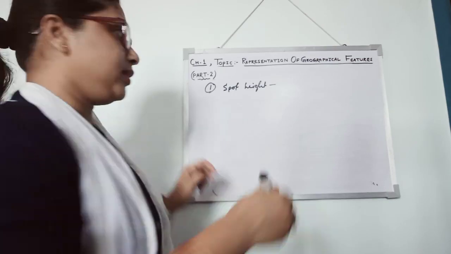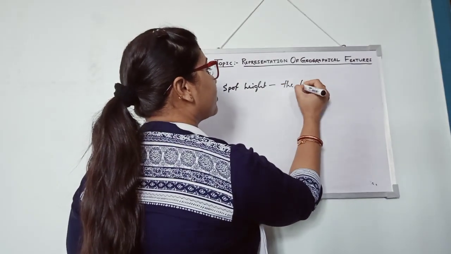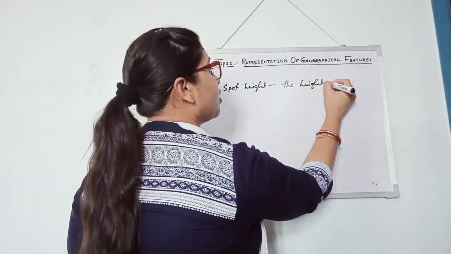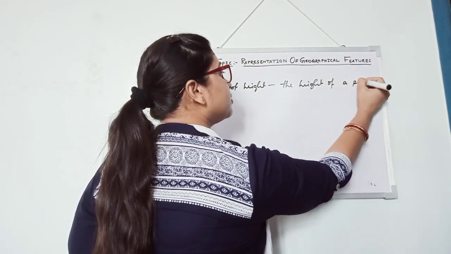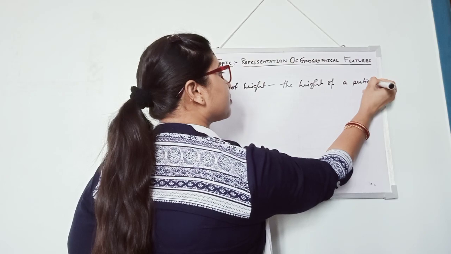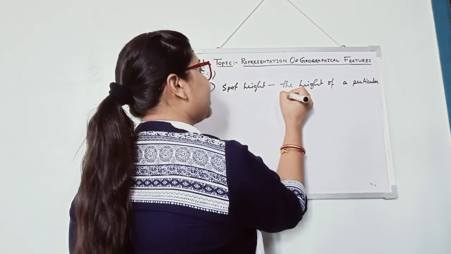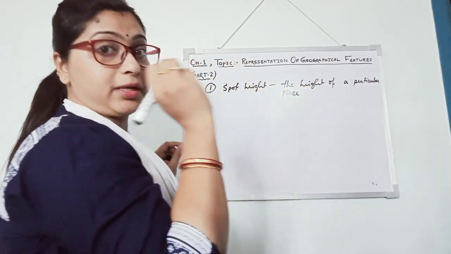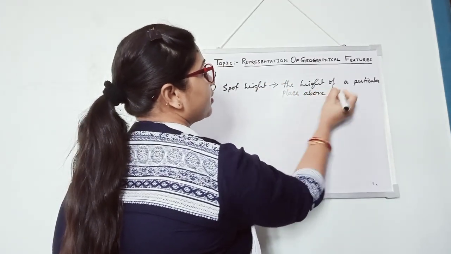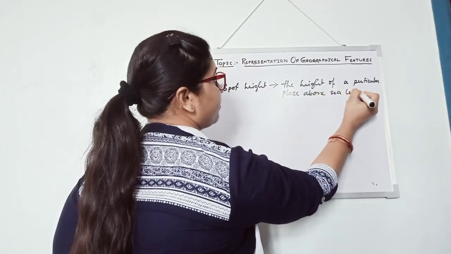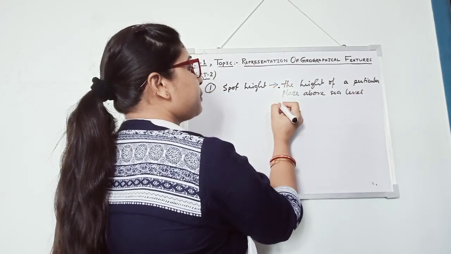Spot height is the height of a particular place, not an area, a particular place, above our sea level. So this is the first point about spot height.